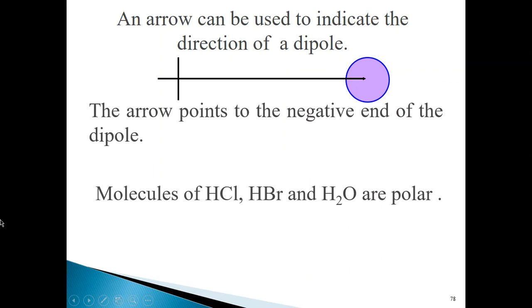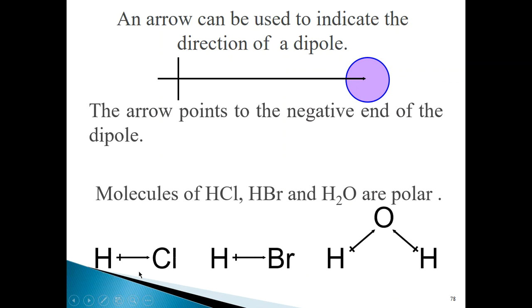So molecules such as hydrogen chloride, hydrogen bromide, and the water molecule are all polar, and we can represent the dipole direction using this symbolism. For example, in the case of hydrogen chloride, that's the direction of the dipole of the bond between the hydrogen and the chlorine. The same thing is true for the hydrogen bromide molecule. In the case of the water molecule, there's one dipole acting in this direction and another dipole acting in this direction.